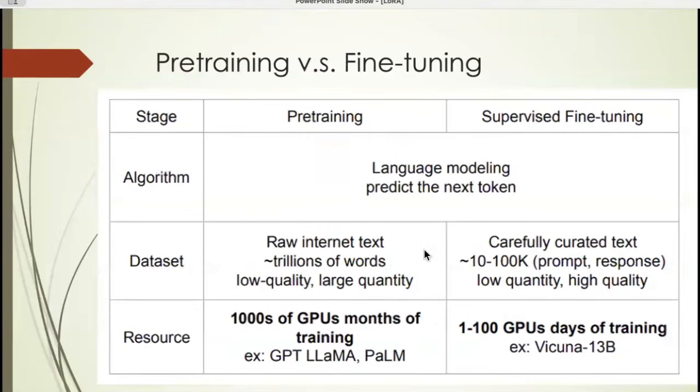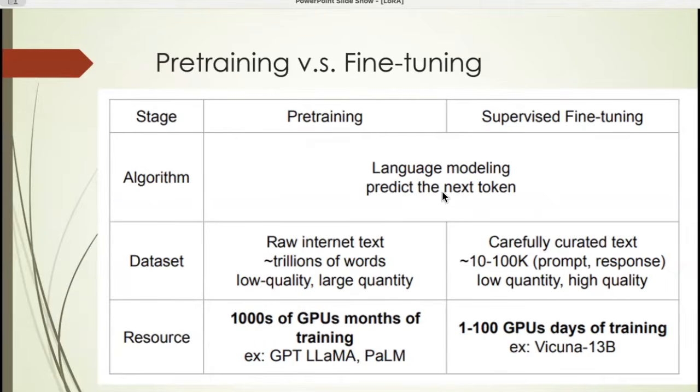If you compare the pre-training and the fine-tuning, at a high level, I think the algorithm is the same. Generally speaking, it can all be framed as just the next token prediction, especially for the GPT model, right? Lots of current chatbots, ChatGPT, open source or closed source LLMs today are GPT-based models, so it's always generating the next token given your input.